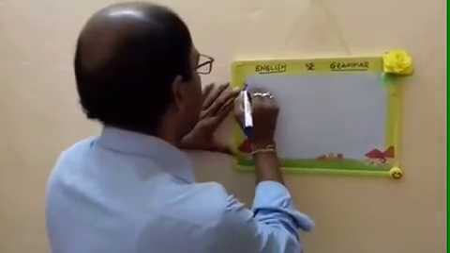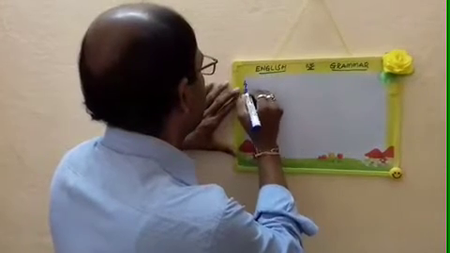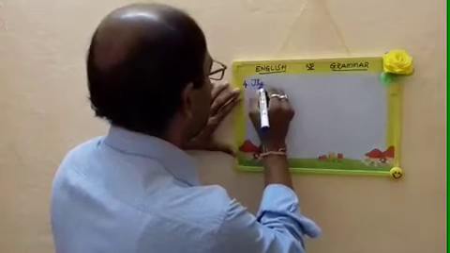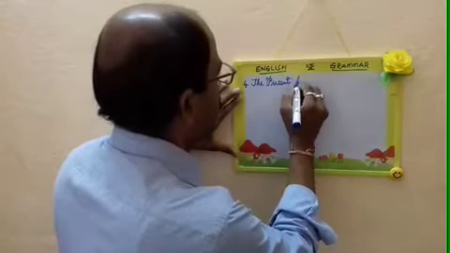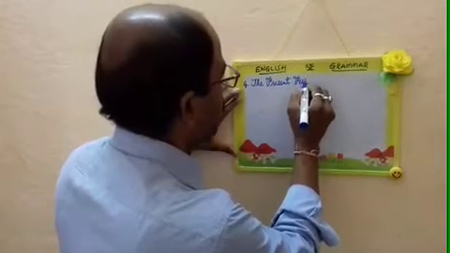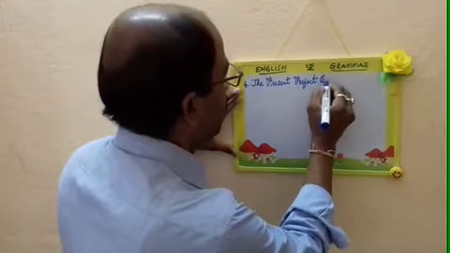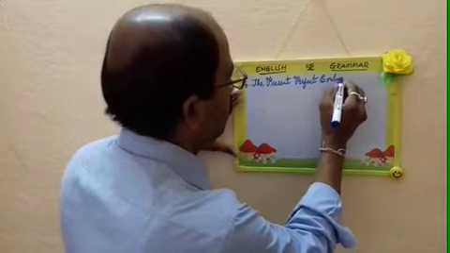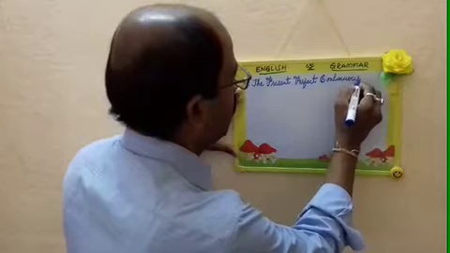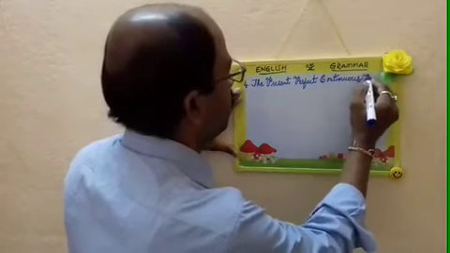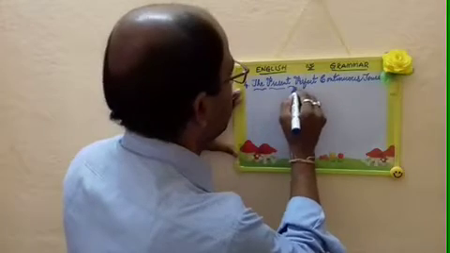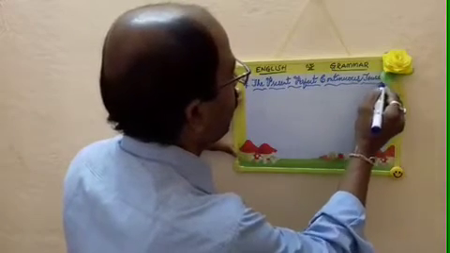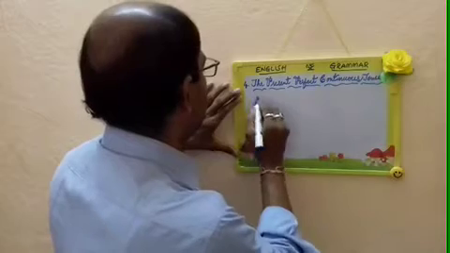Now the fourth one, the present perfect continuous tense. What is the syntax for this one?